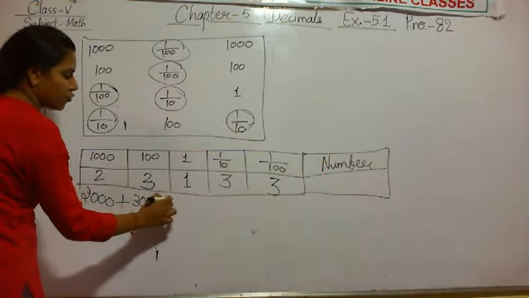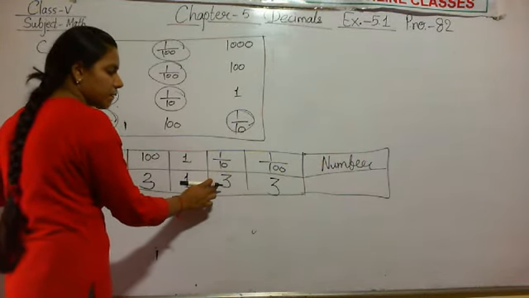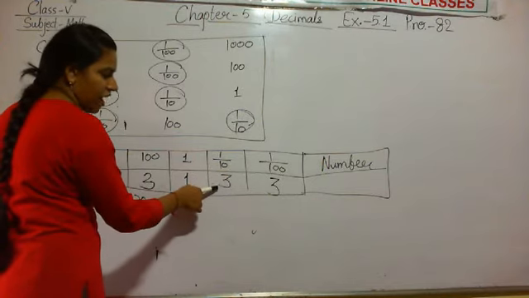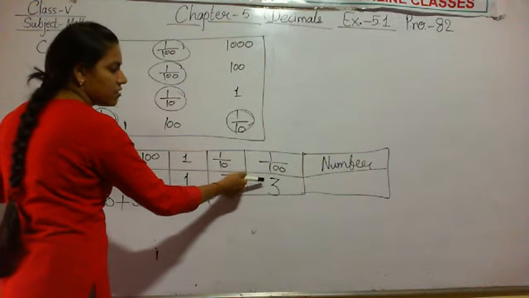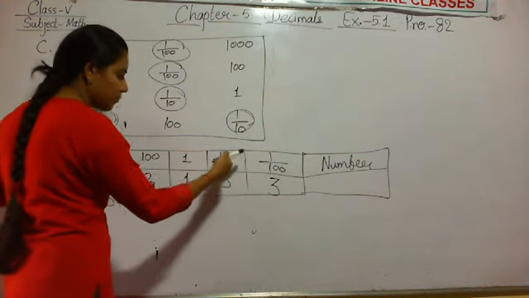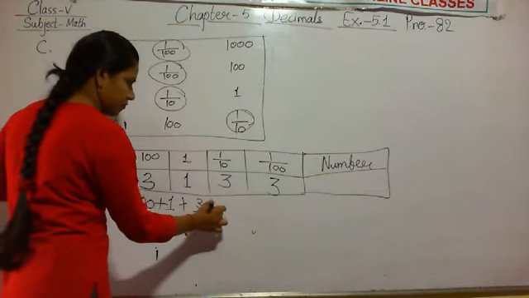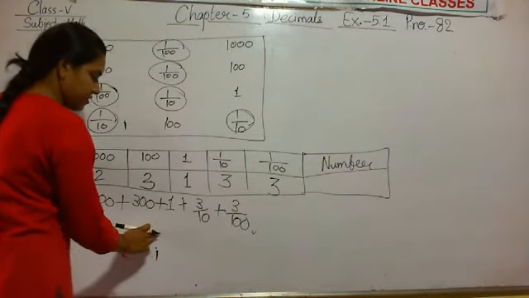This 1 represents 1 because it is at the 1's place. This 3 represents 0.3, because it is at the 10th place. This 3 represents 0.003, because it is at the 100th place. So basically this table represents this.